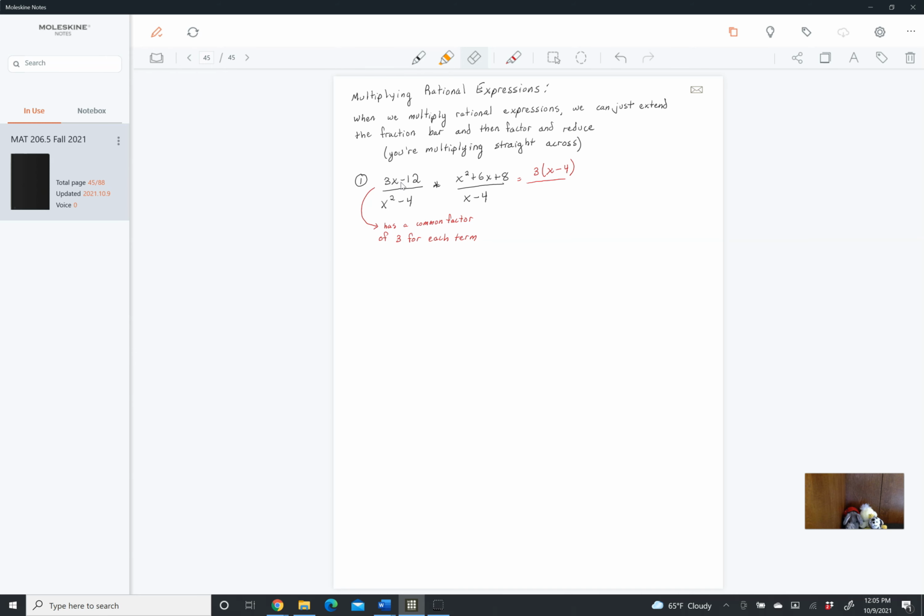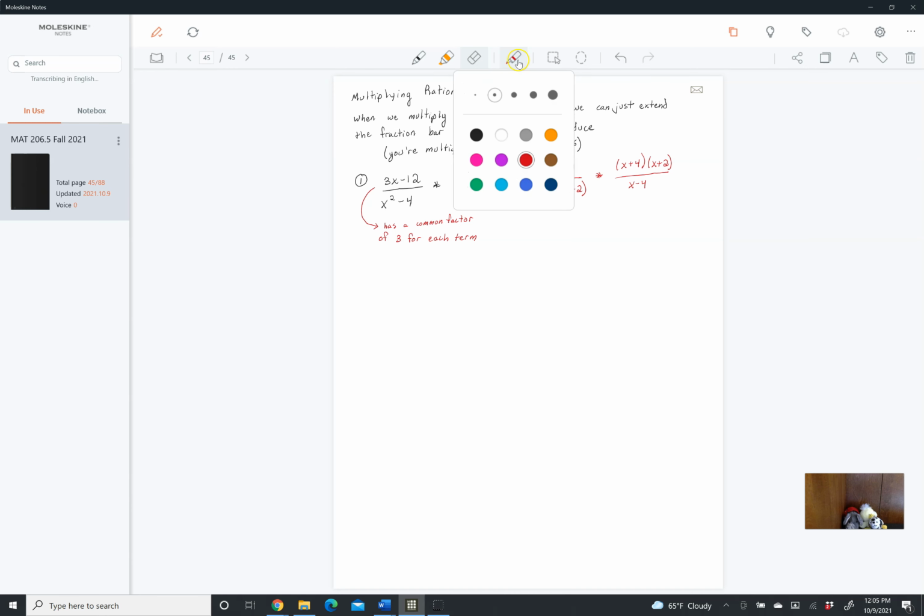Now, if we factor the bottom of that fraction, it's a difference of squares. So that's x plus 2 times x minus 2. Then x squared plus 6x plus 8, that's x plus 4 times x plus 2. And then we have x minus 4. X minus 4 cannot be factored.